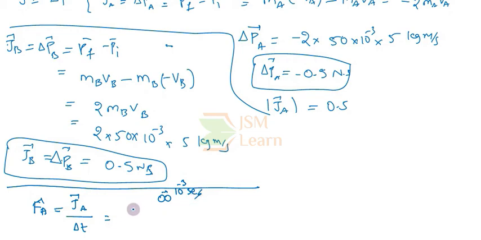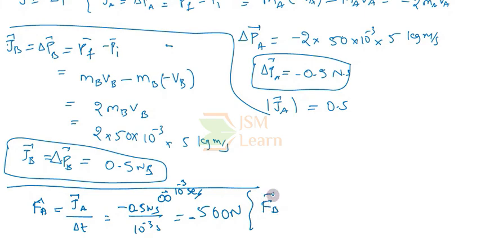So impulse of ball A was 0.5 Newton seconds divided by 10 power minus 3 seconds. When I solve this, I get 500 newtons. That is, our force is minus 500 newtons. This force of minus 500 newtons was exerted on ball A.